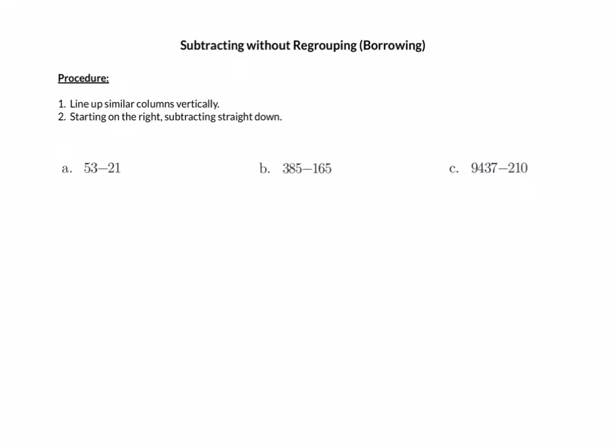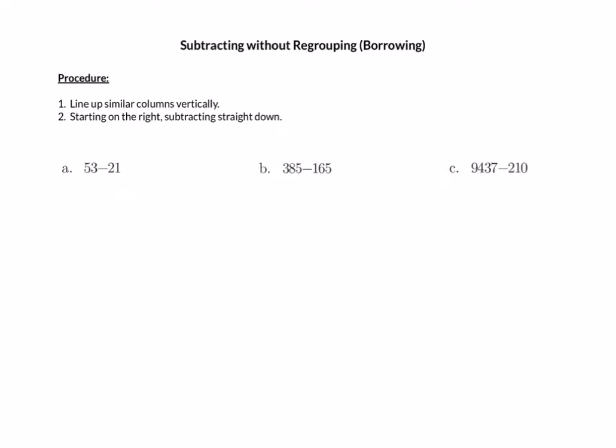Starting on the right, we want to subtract straight down. Again, if it's not a problem that involves regrouping, it doesn't matter what order you go in, but when we get into mixing these problems together, it's going to be hard to determine whether we need to start on the left or the right, and so it's always a good idea just to start on the right and go from there.